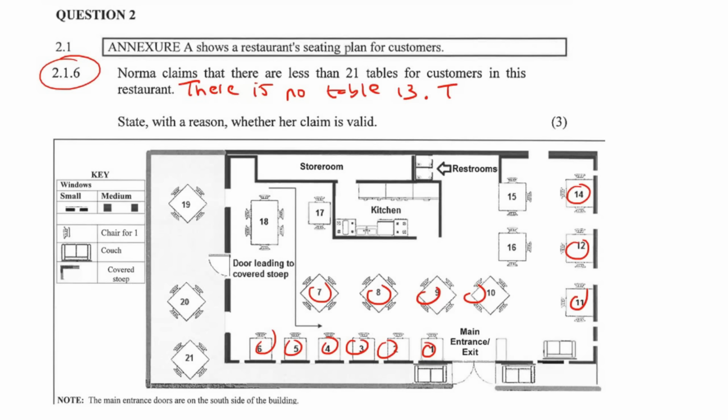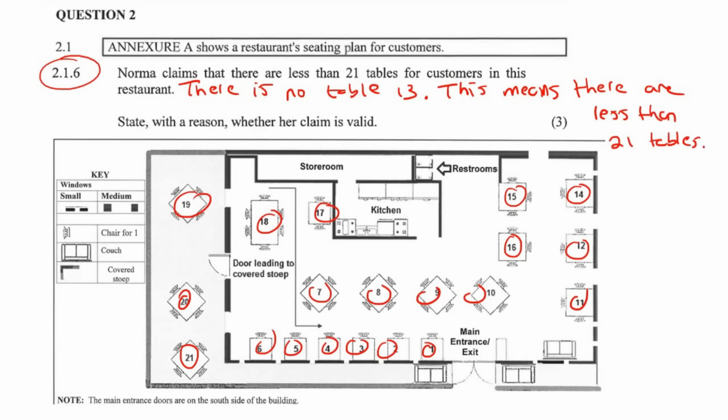So 14, seeing as we cannot trust this manager of this restaurant anymore, 14, 15, 16, 17, 18, 19, 20, 21. Okay, so there is no table 13. This means there are less than 21 tables. So Norma, little detective, Norma's claim is valid. There we go.